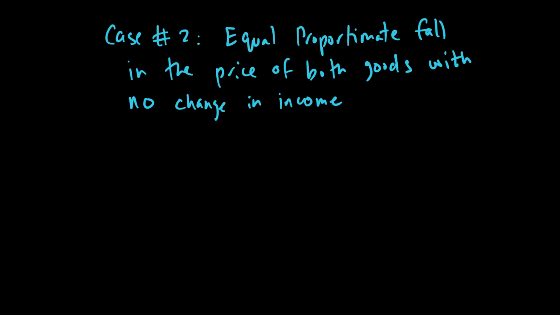So in this case, let's say the price of concerts goes down by 50% from 30 to 15, and the price of movies goes down by the same percentage, 50%, from 10 to PM dash of 5.